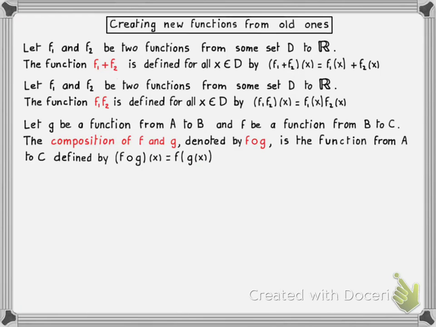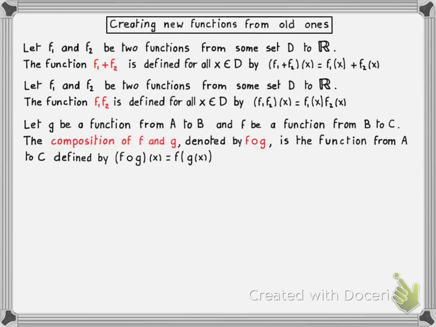And as a consequence, it must be the case that the codomain of G is the same as the domain of f, which is the case in the assumption. B satisfies this condition.